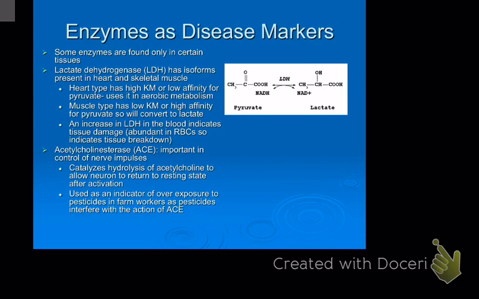The heart type has a very high KM, so it doesn't bind the substrate nearly as well. It uses it for aerobic metabolism, that's why it's well oxygenated. Whereas the muscle type has a really, really high affinity for it because it needs to be able to convert it under anaerobic conditions to make lactate or lactic acid. That's because you're exercising so fast with your skeletal muscles that it doesn't have time to recharge the oxygen.